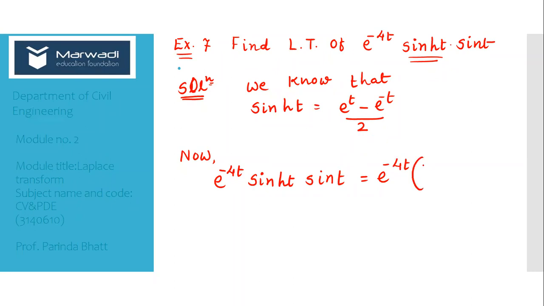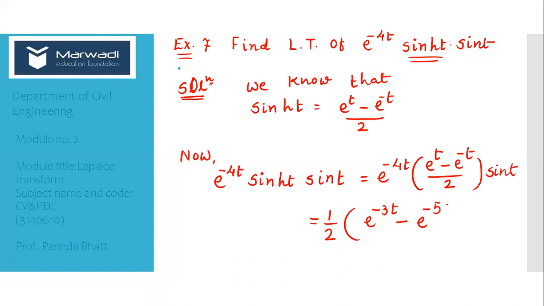Now we put in the value of sinh t, (e raised to t minus e raised to minus t) divided by 2, and sin t remains as it is. No change. Now 1 by 2 is taken common. Now e raised to minus 4t and e raised to t give e raised to minus 3t minus e raised to minus 5t, times sin t.